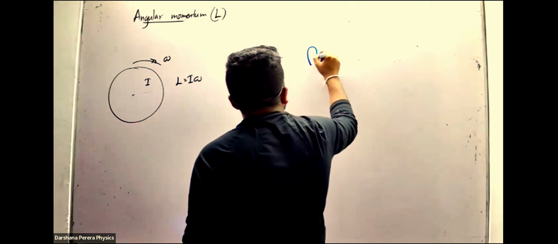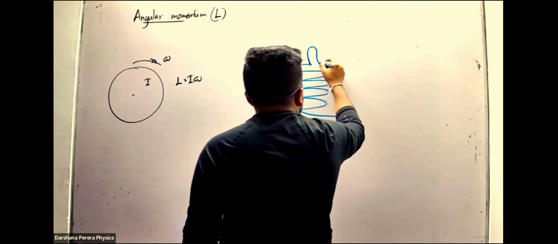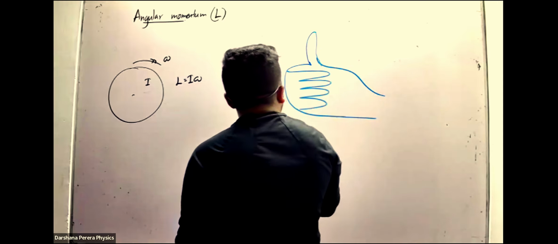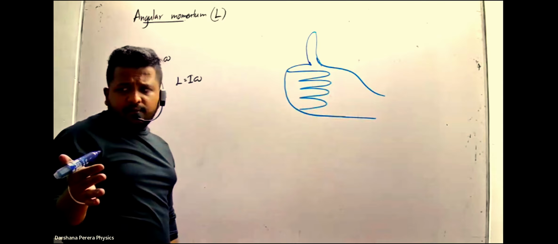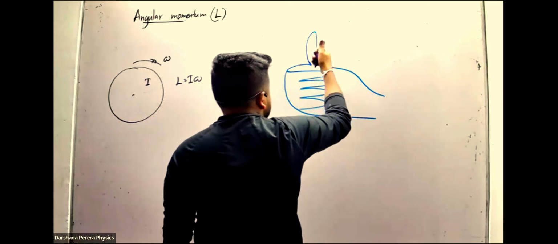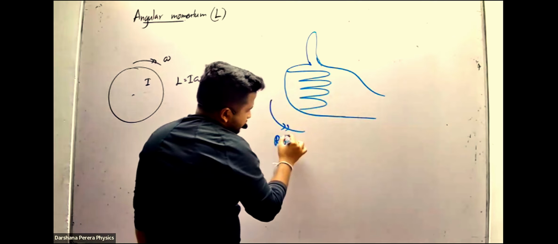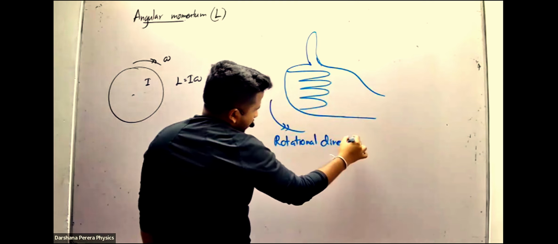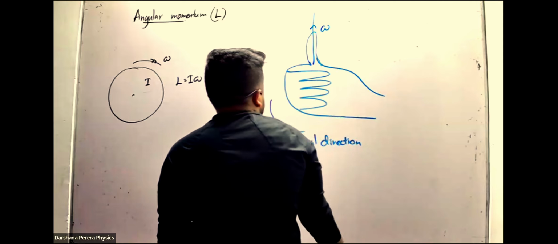How can we find the right hand rule? It is very easy. When we place our thumb in this direction and curl the four fingers in the rotation direction, we can simply say omega is in this direction.